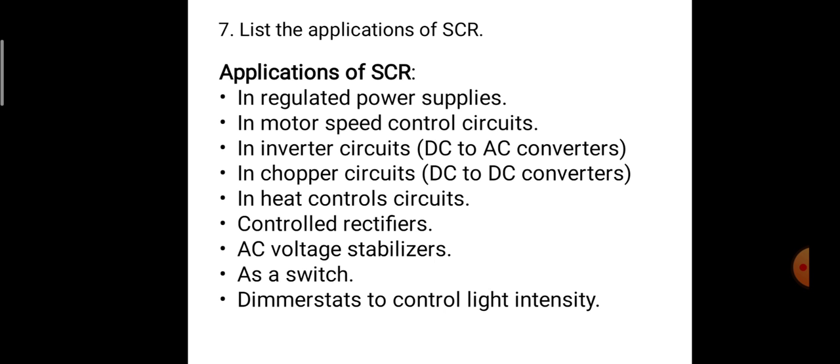Next question. List the applications of SCR. Now we are discussing the applications of SCR.